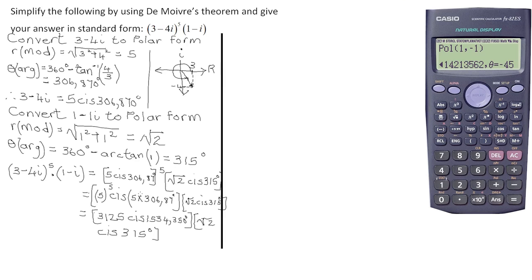Now we continue. Can I continue on the other side by writing equal, because we need space? We have now the product of two complex numbers. How do you do that?